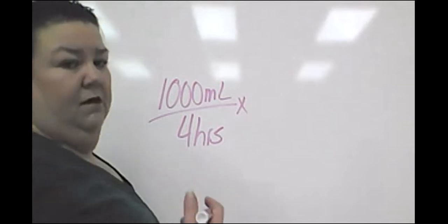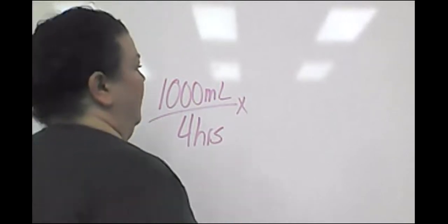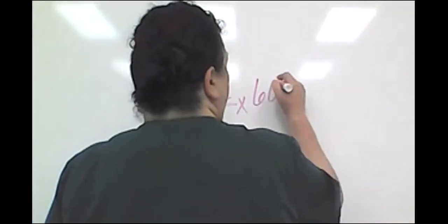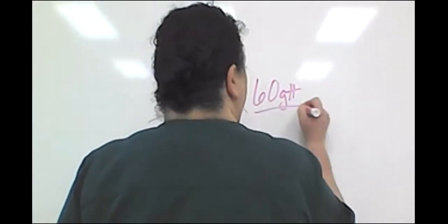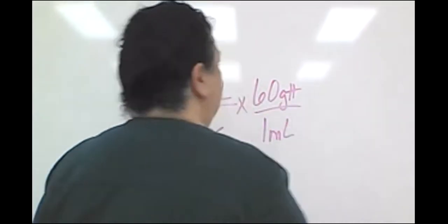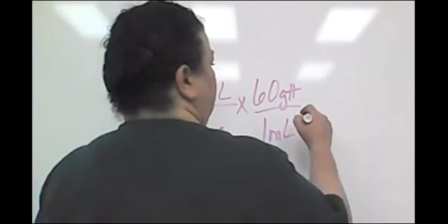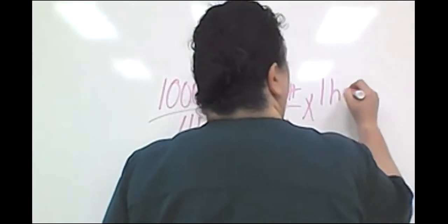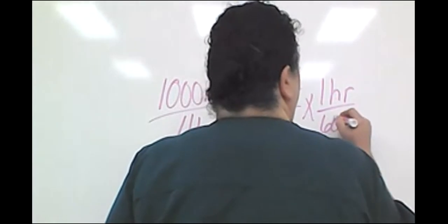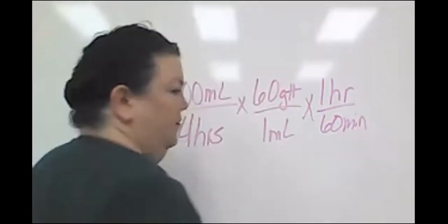So they're not giving me a drop factor. So which drop factor am I going to use? 60 drops per 1 mL. And then we've got to get to minutes. So we know that for every 1 hour, we have those 60 minutes.